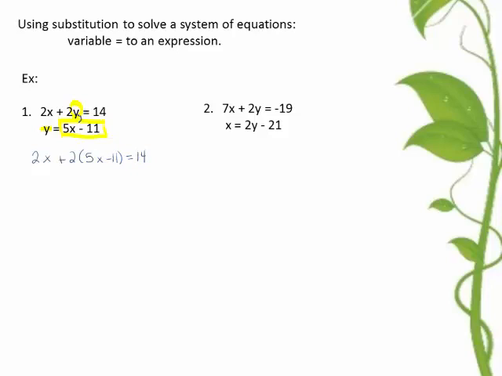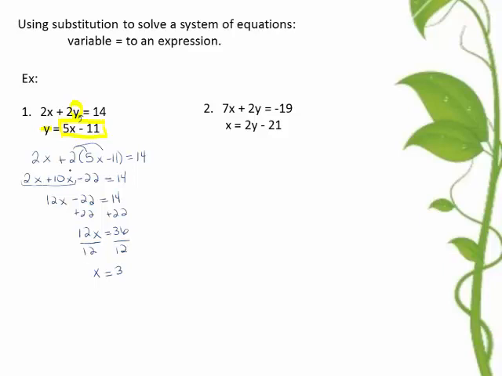So we replaced this that way. Now I distribute the 2. So I have 2x plus 10x minus 22 is equal to 14. Combine my like terms. 12x minus 22 is equal to 14. Add 22 to both sides, and I get 12x is equal to 36. Divide by 12, and x is equal to 3.